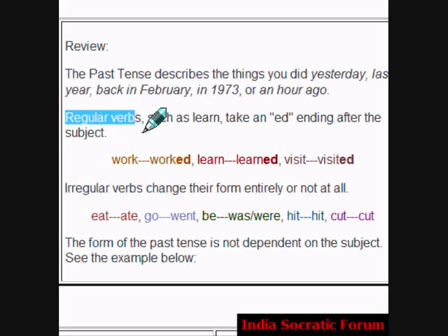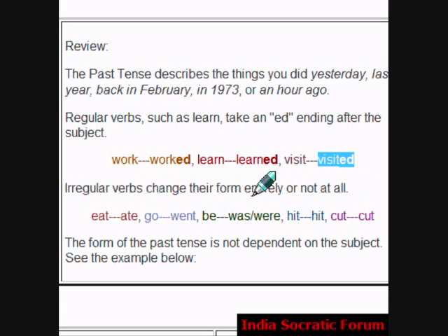Regular verbs such as learn take an ed. That's all. All it takes is ed to become a past ending after the subject. Like work becomes worked. Learn becomes learned. Visit becomes visited.